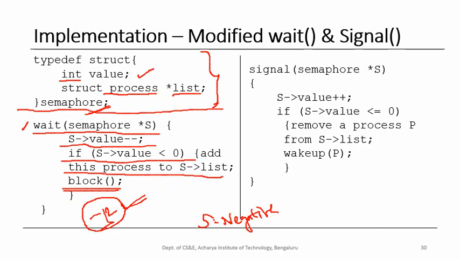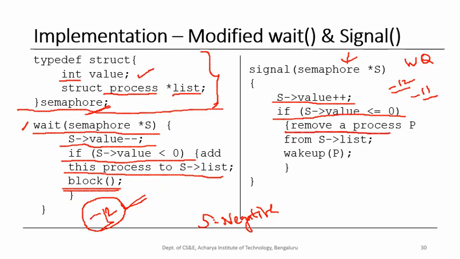Now what is the modification that is done to the signal? Again, what is passed to this operation is a pointer to a semaphore. The semaphore value is first incremented. Suppose the value of the semaphore is minus 12, there are 12 processes in the waiting queue. The value of the semaphore is incremented by 1, it becomes minus 11, and if it is less than or equal to 0, it means that waiting processes are there in the waiting queue.